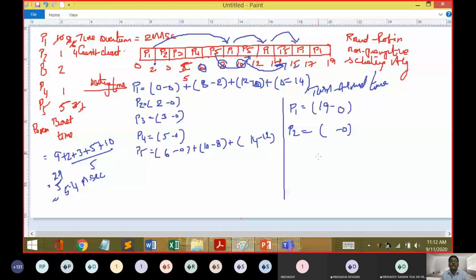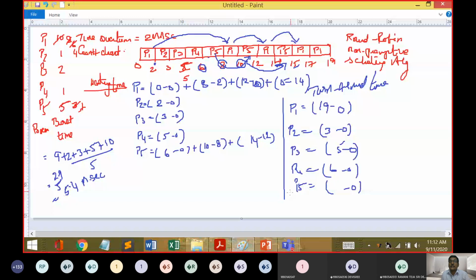P3 arrived at 0, completed at 5. P4 arrived at 0, completed its execution at 6. P5, you can observe, has its last presence at 15 and finally its job is done at 17.